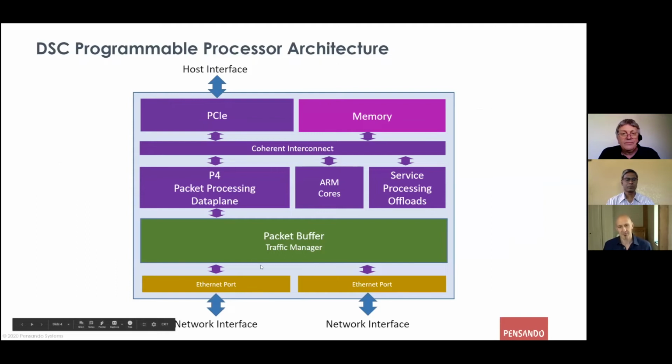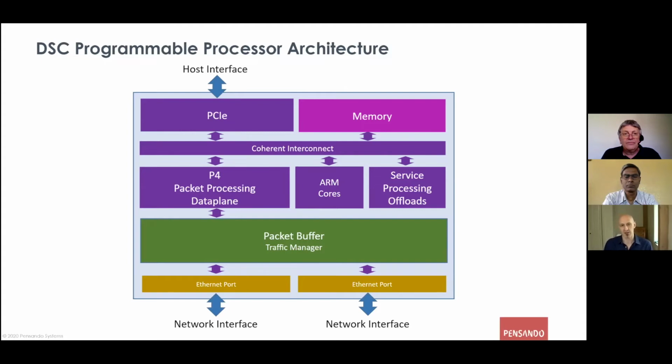And then it contains a packet buffer to store packets that are received through the interfaces, or to store packets before sending them out from the interfaces, with all of the traffic management features that one might want to use to support quality of service, so multiple queues, sophisticated scheduling. Then the ASIC includes a P4 programmable data plane, which is a set of P4 programmable pipelines, which can be used to process packets in a very efficient way.